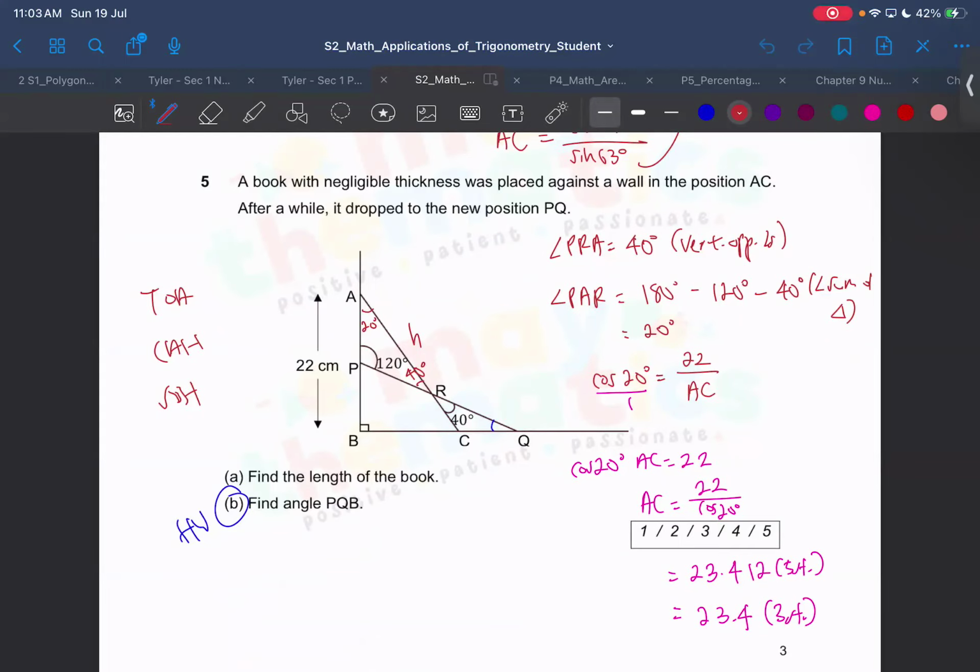5, 6, 7. Already. You're really behind. I think so. Yeah, it's because it's AI. 5, 6, 7. Good. It's applications of Trigo.